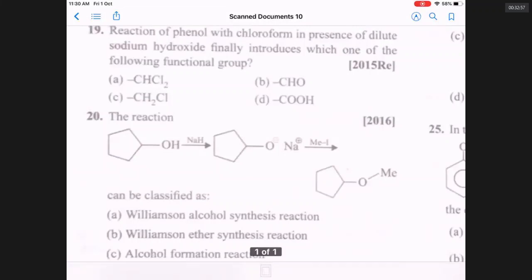At the end of the day, in this reaction, a particular alkyl halide is reacting with a particular sodium salt of an alcohol. The alcohol here is of course cyclopentyl alcohol, which became sodium cyclopentoxide. Because of that it looks a bit strange, but fundamentally it is a reaction between RX and RONa to give you ether. Hence, it is Williamson's ether synthesis.